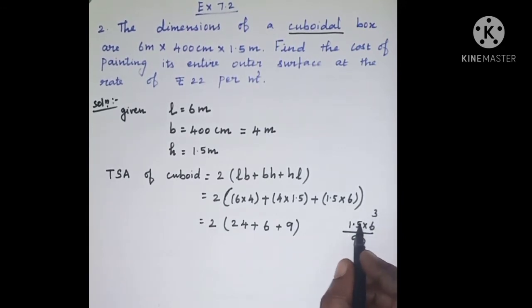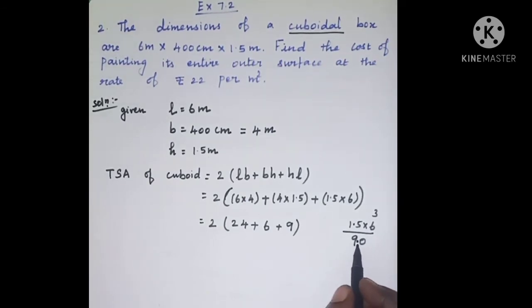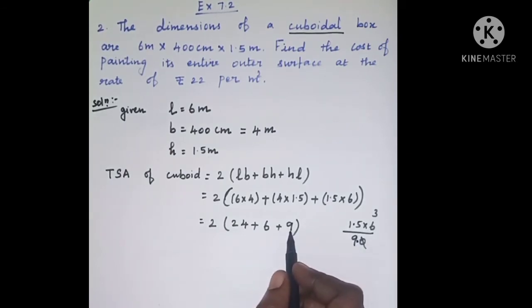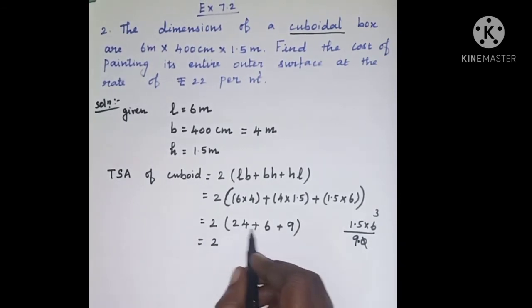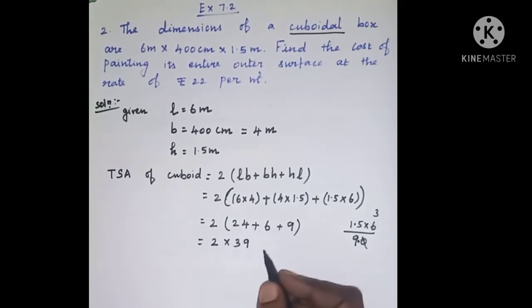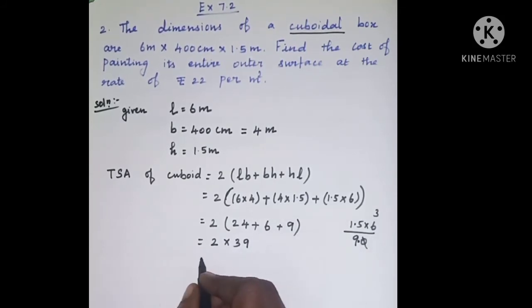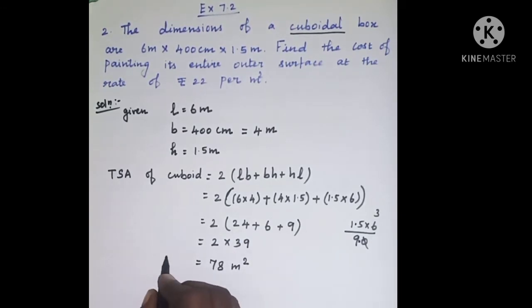Here the point appears one digit before, so we put the point here. So 9.0 is written as 9. Now 2 into 24 plus 6 is 30. 30 plus 9 is 39. 2 into 39 is equal to 78 meter square. This is the total surface area of the cuboid.